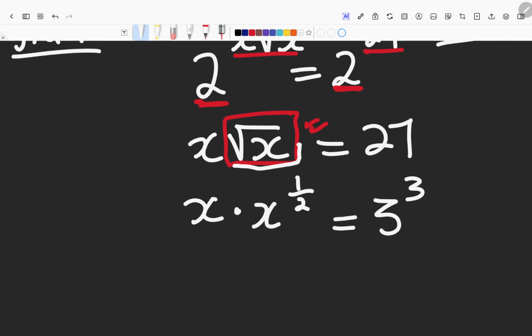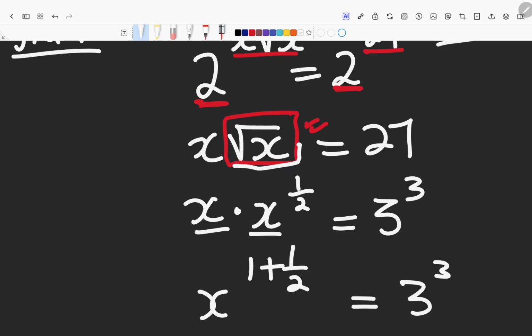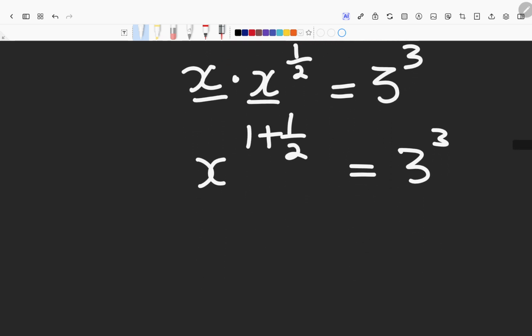Now remember, when we have the same base, what do we do to the exponent? Correct, we add the exponents, so it's going to be x exponent 1 plus 1 over 2 equals 3 exponent 3. And then 1 plus 1 over 2 is basically 3 over 2, so x exponent 3 over 2 equals 3 exponent 3, and we are looking for x, guys. We are almost there.